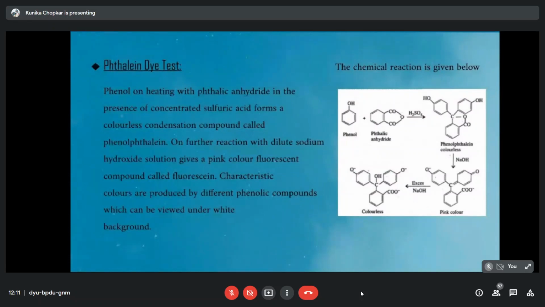The characteristic colors are produced by different phenolic compounds, which can be viewed under a white background. The chemical reactions are given below. The phenol reacts with phthalic anhydride in the presence of H2SO4, the phenolphthalein which is produced is colorless. And now we add NaOH, the pink color will form. The excess NaOH gives the colorless compound.